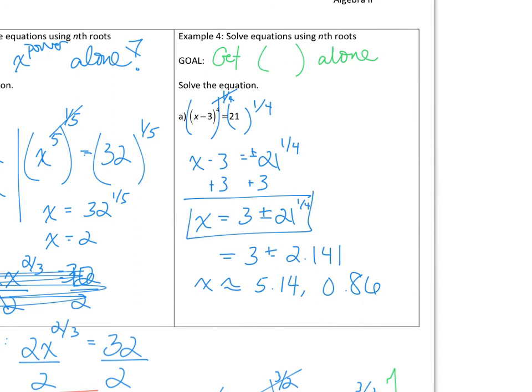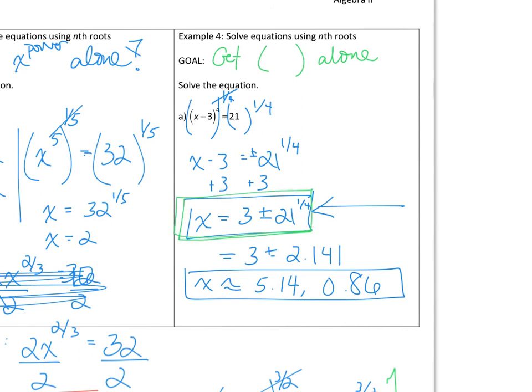So this right here is our exact answer, this one, and then this is an approximate answer. Typically, I'm only going to ask you for the exact answer.